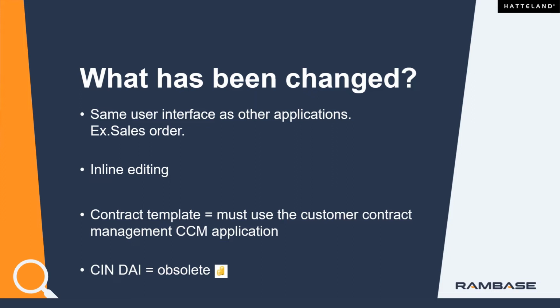And the contract template will not show in the new sales invoice and therefore you must use the customer contract management from now on. Lastly, the money symbol in the old version is now obsolete, as the information will be more accessible from one picture, which I will show you now by entering Rambase.